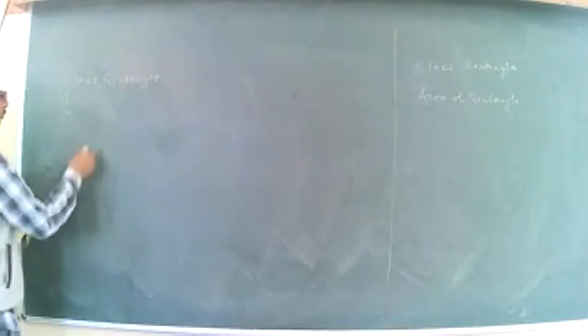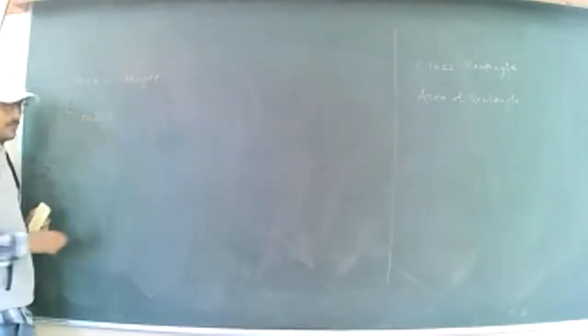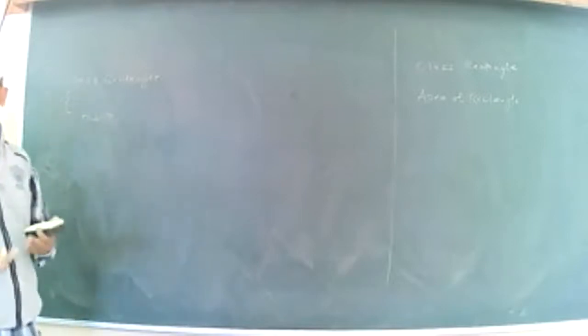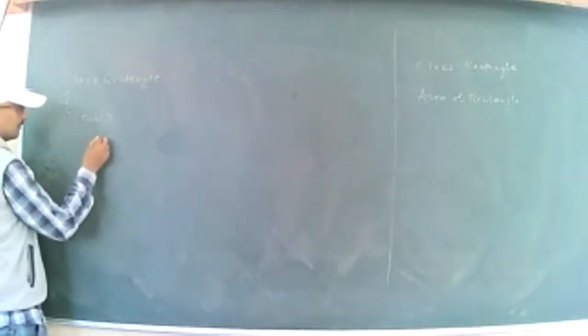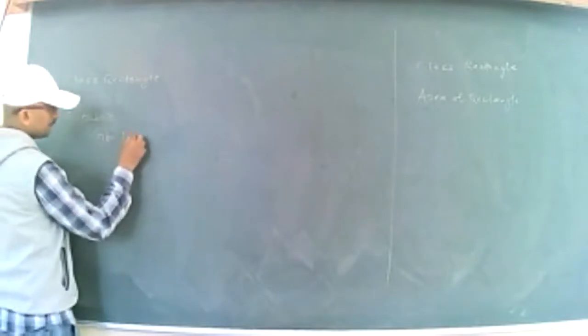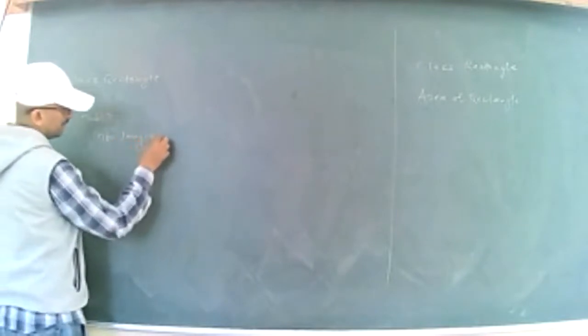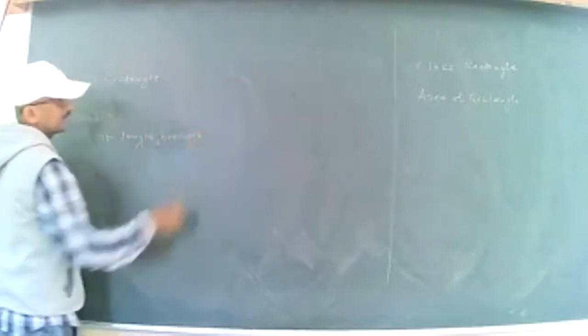So what can it have? We are going to define variables in that, which can be used. So public variables are there. With the help of these public variables, we are going to define integer length, comma, breadth.